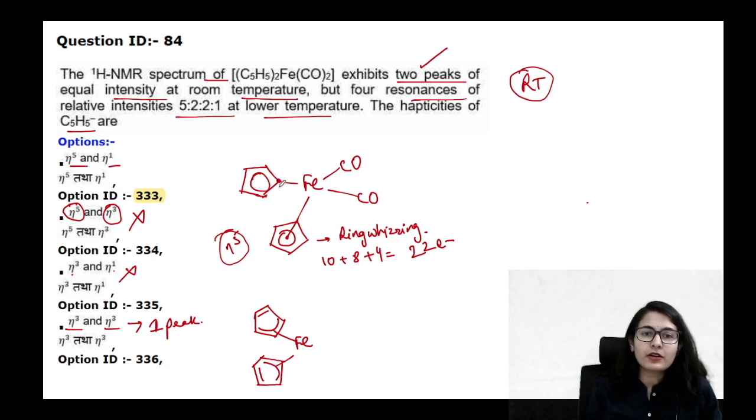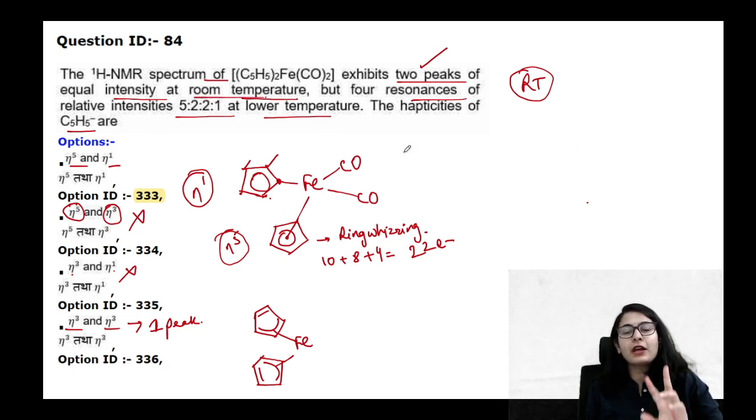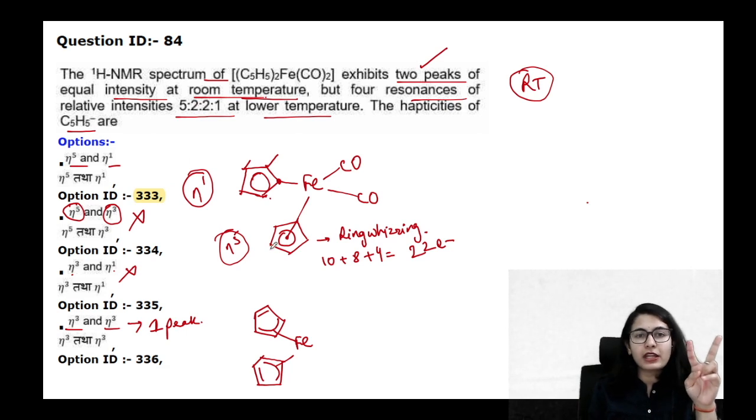However, here it is connected to just one carbon, and the rest of the hydrogens should be different, but this also appears the same because of the fluxional property. The ring is going to change its coordination site from here to here to here, so that is also ring whizzing, but changing the hapticity. Eta 1 remains the same, but from different carbons it is going to donate at room temperature. That is why you are having two different peaks for eta 1 and for eta 5.